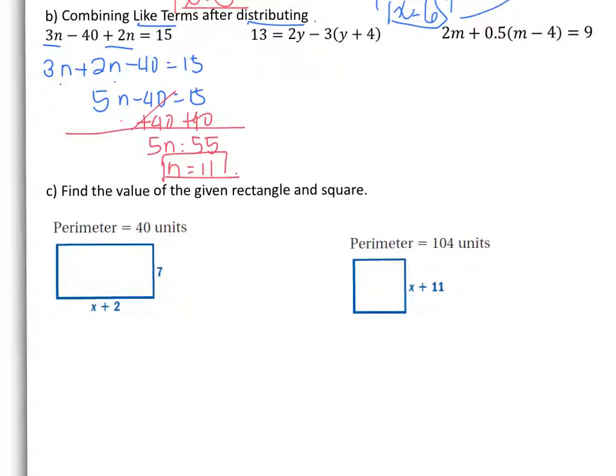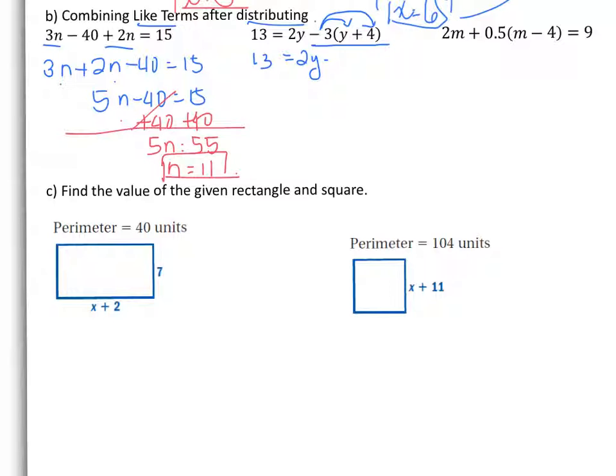Okay, and in the next one, we need to first simplify the right-hand side of this equation. And we need to begin with this part of the expression. So we need to distribute the negative 3 into the sum of y plus 4. So negative 3y, negative 3 times positive 4 is negative 12. So let me first recopy 13, the equal sign, and the 2y.